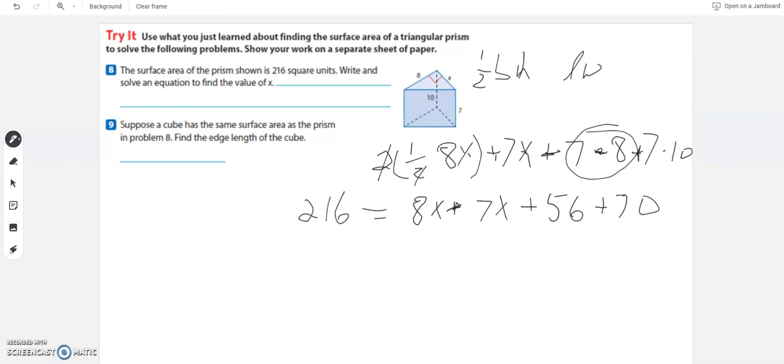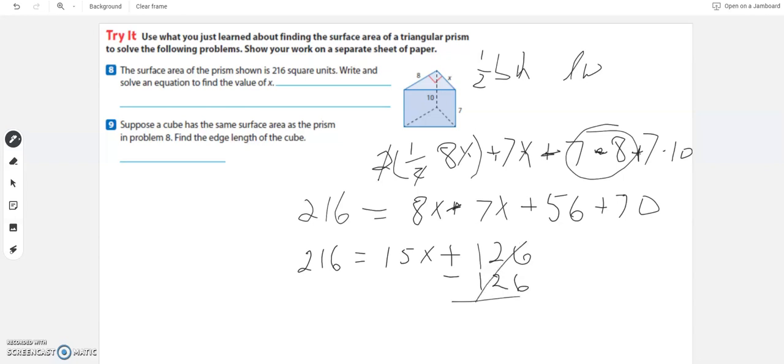So we got to combine like terms to solve this. 216 equals 8x plus 7x is 15x, plus 56 plus 70 is 126. Then we have to get the x all by itself. So we can subtract that 126.